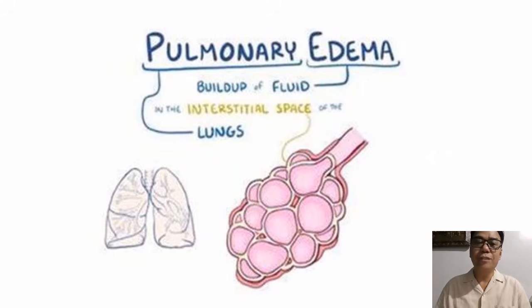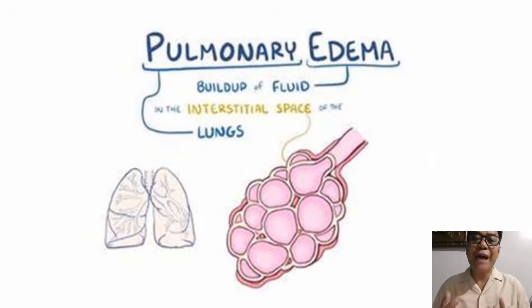So first, once there is already the buildup of fluid in our interstitial spaces, it will increase the pulmonary capillary permeability. Okay, and because of that, it will result in an increase in the hydrostatic pressure. That will lead to the decrease of blood colloidal osmotic pressure.